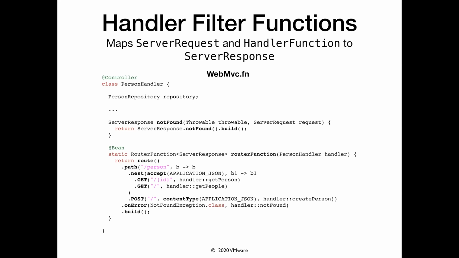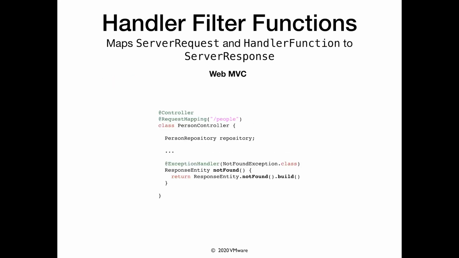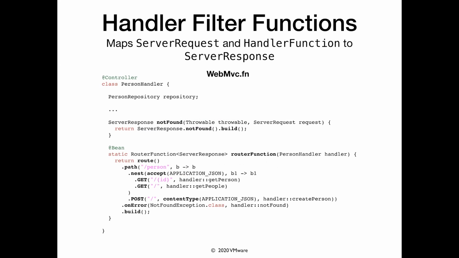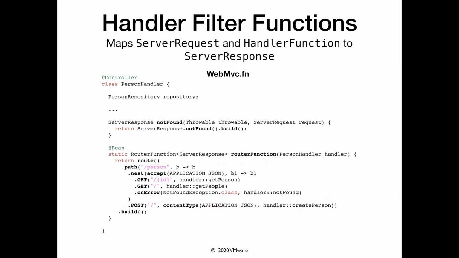And just like with nesting, we can put this anywhere. It doesn't have to be on the same level, right? Here, this exception handler is applied to everything in the same controller. Here, I can move it around. I can say, let's move it there. So now it only applies for those two get methods, right? That's the scope now of that filter.